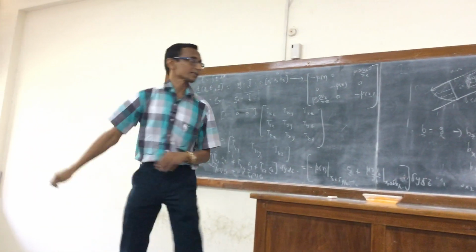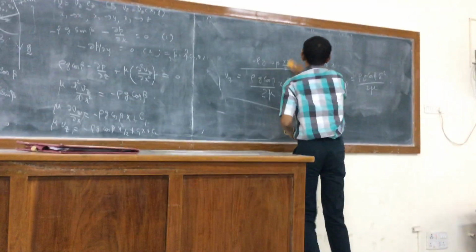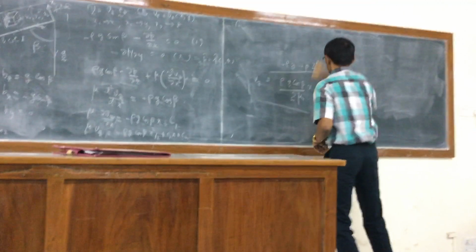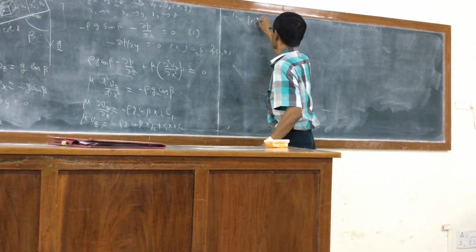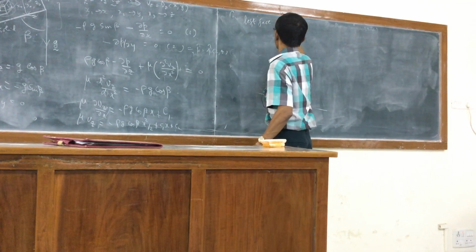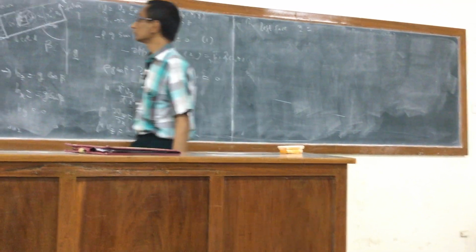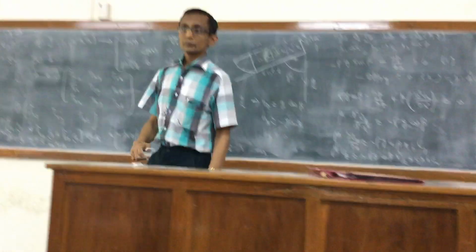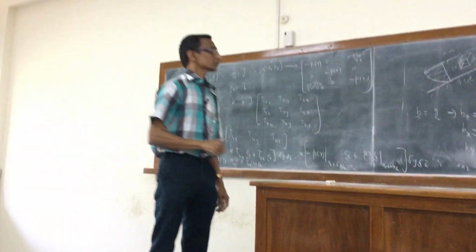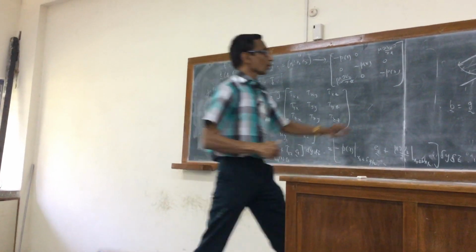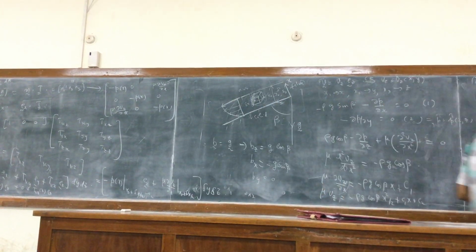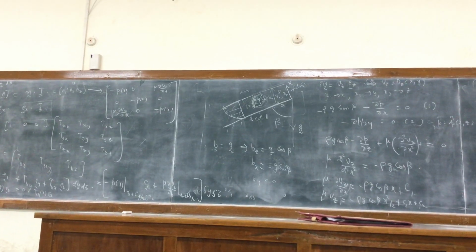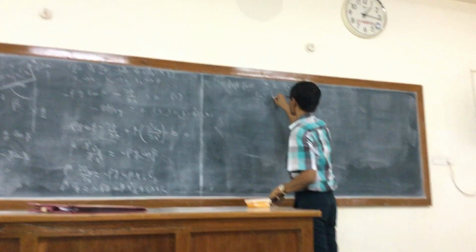So for the left face, n is equal to what? It will be Ez only, because the outward normal is Ez, right? So now I have to calculate Ez dot t.